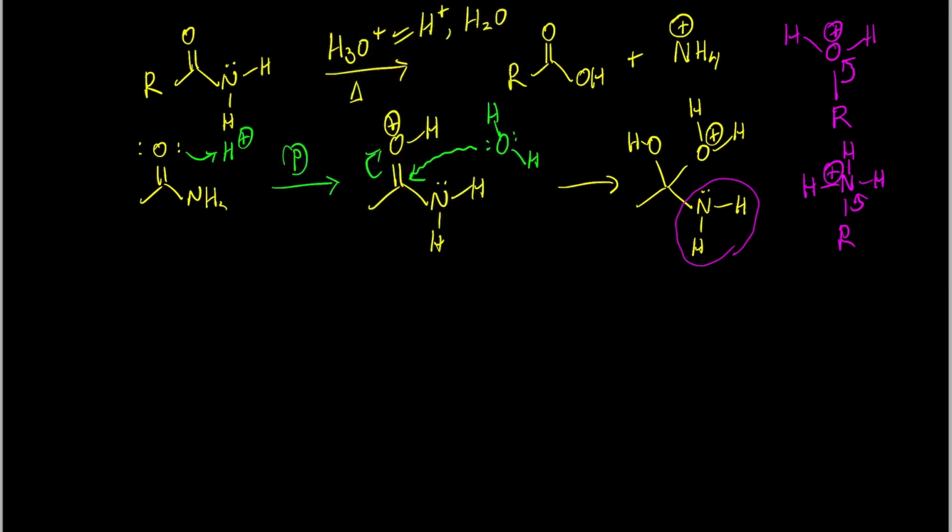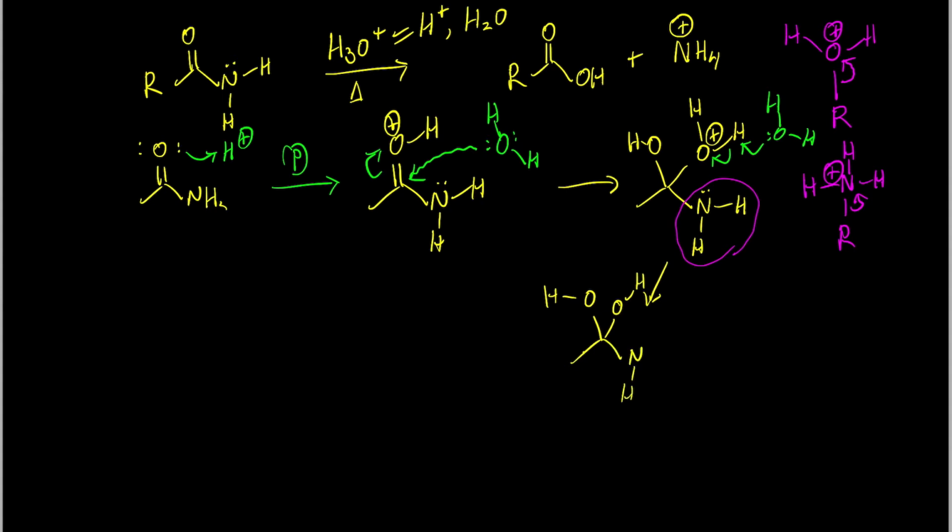So we need to do a number of proton transfers. First, we're going to grab water, which is the reaction solvent. Okay, that's going to pluck off this proton here, and via deprotonation, form this species here.